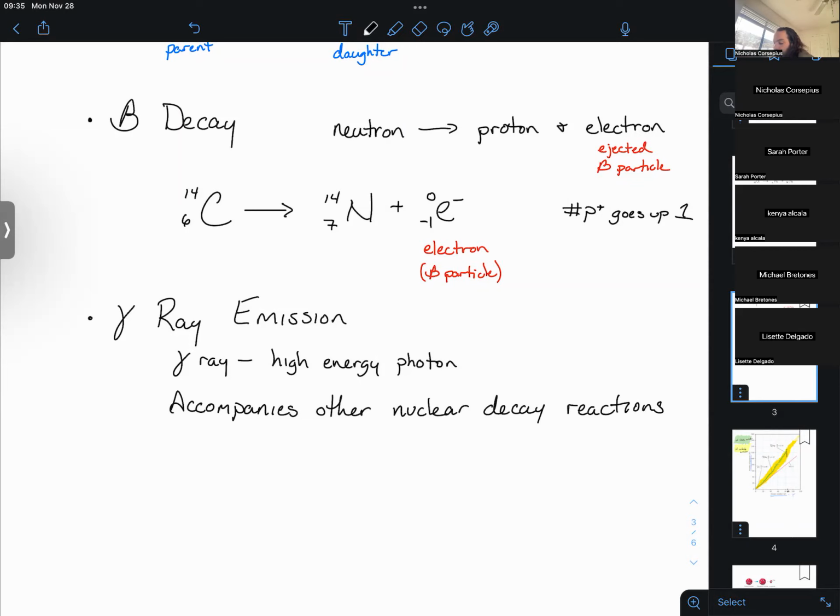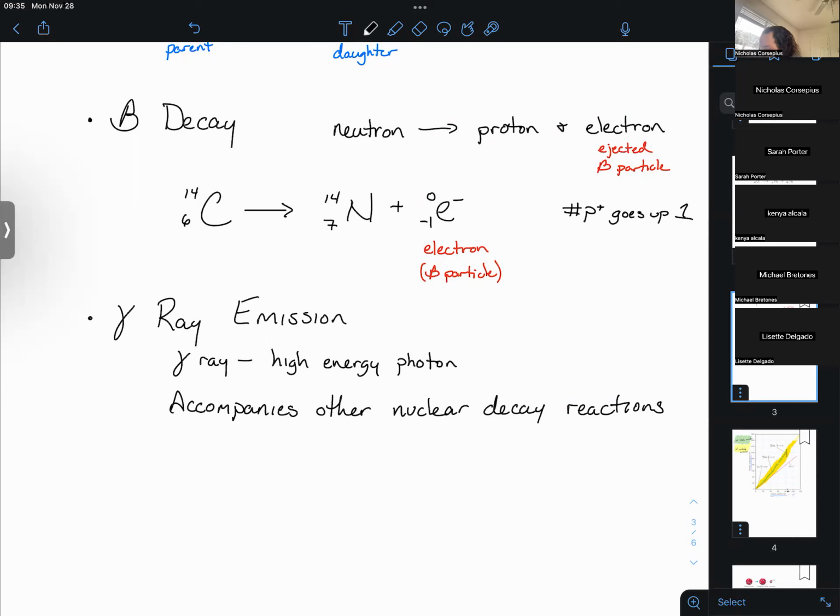Okay, so the reason why it gets its own special category is, first of all, because it's a special type of radiation being emitted, a special photon, not a particle like our alpha particle or our beta particle. The other thing about it is that it usually occurs also with a little bit of a delay, right?